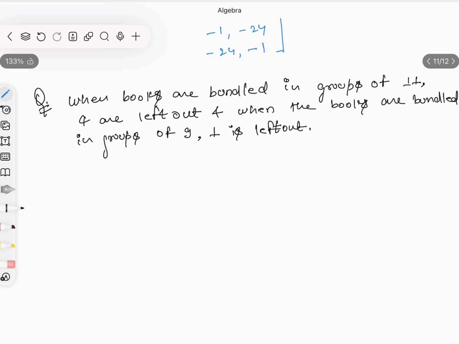This you need to find. Just pause the video and try to solve this.